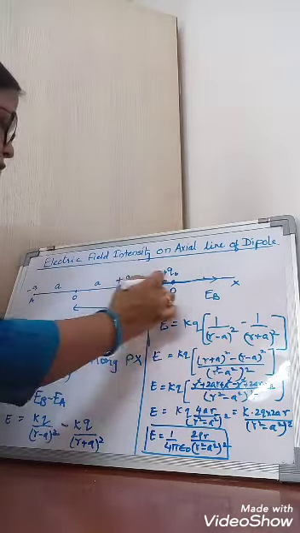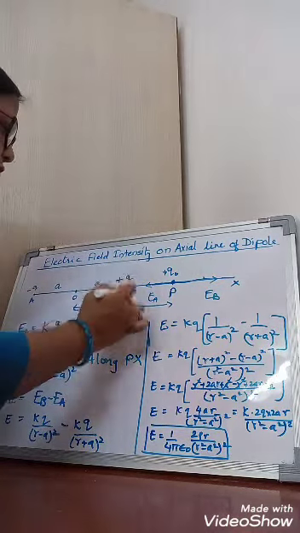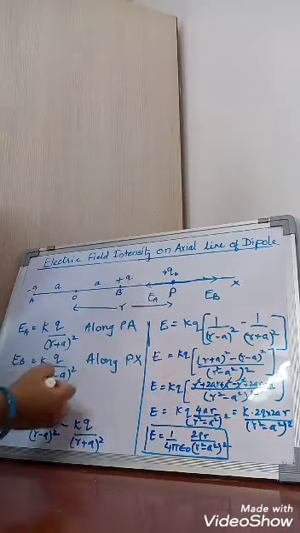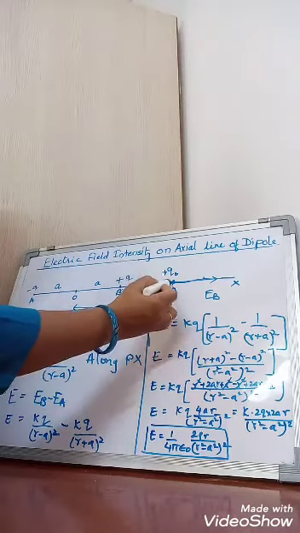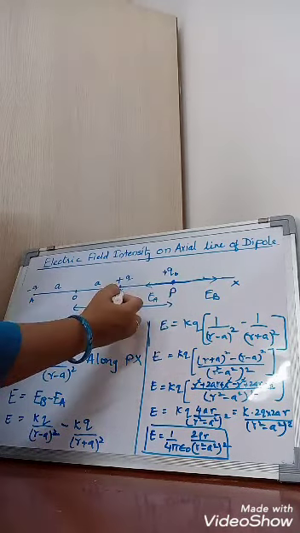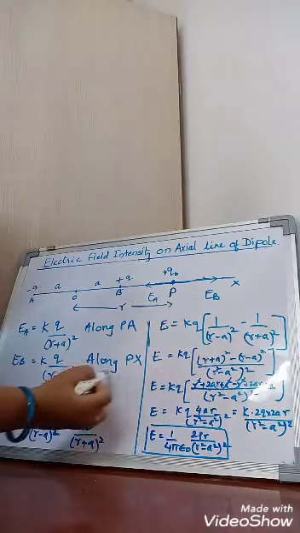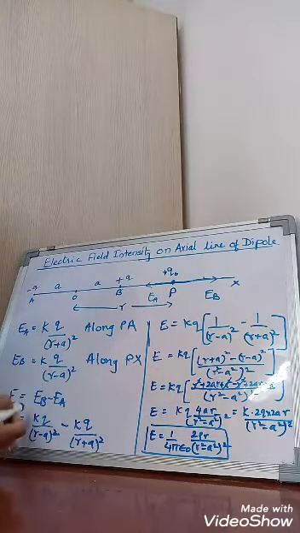From this point to this point, the distance will be r minus a. And since this is a positive charge, the direction of the field due to this positive charge will be here, so along PX will be the direction of electric field EB.